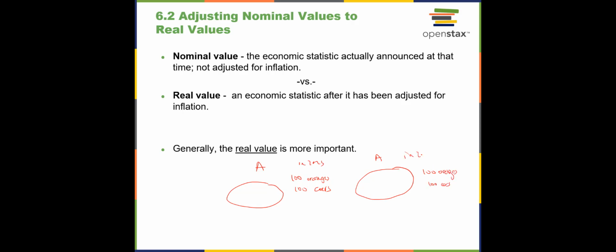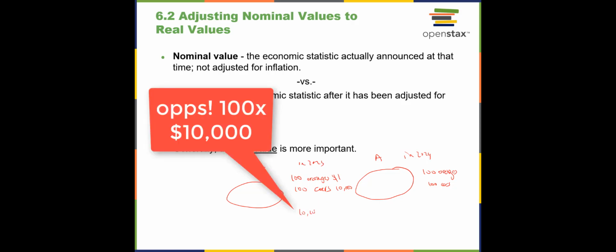This is 2024. Let's say in 2023, the price of orange is $1 and the car price is $10,000. So we have here $10,100 of GDP. And in 2024, let's say the orange price is double, but car prices are the same.